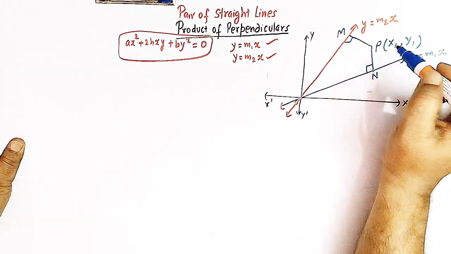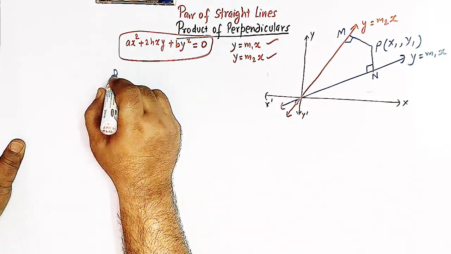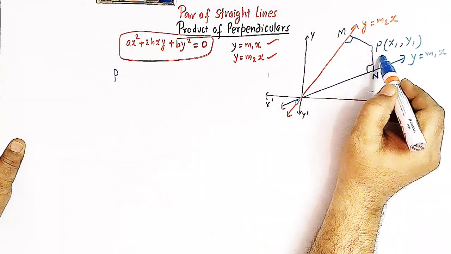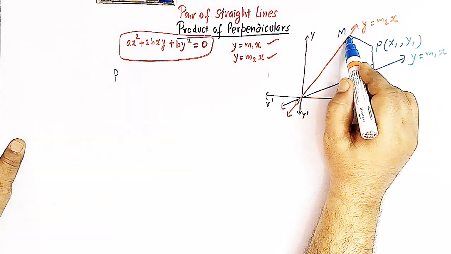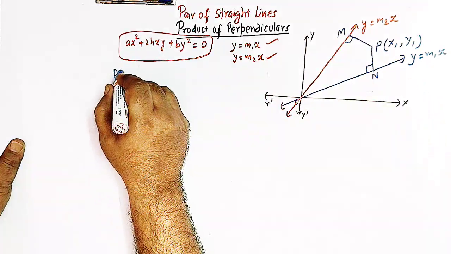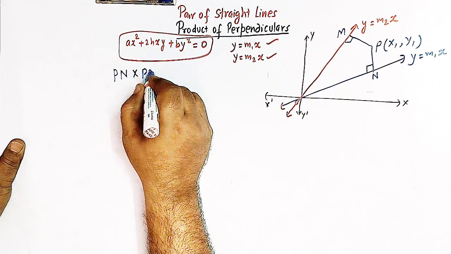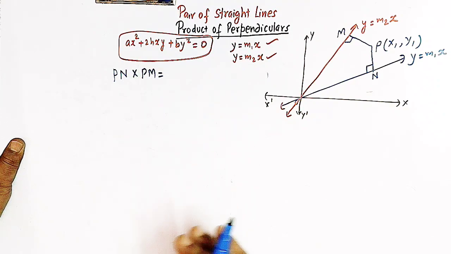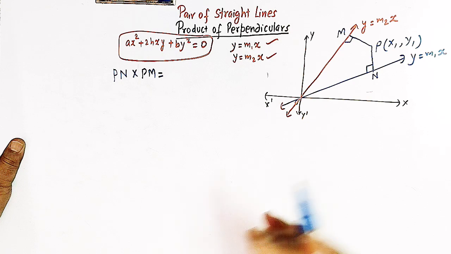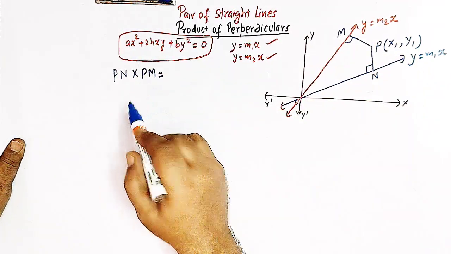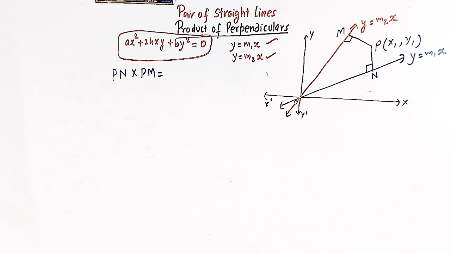So we have to find PN times PM. Here we are not going to derive the result for the product of perpendiculars, rather we'll use the direct result.